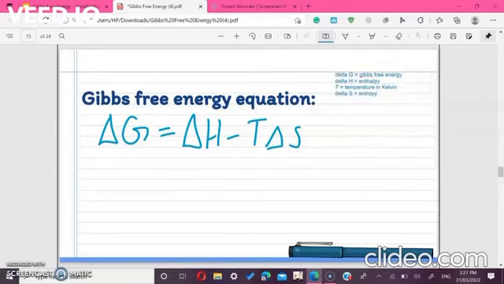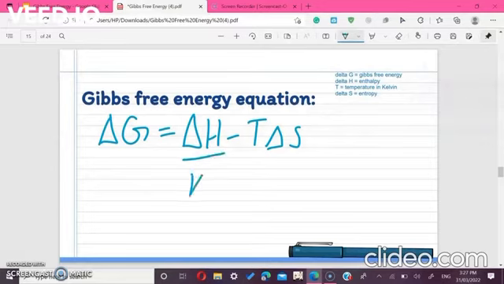The units will be different when you answer questions. For example, delta H might be given in kilojoules, whereas delta S might be given in joules per Kelvin. Here's kilojoules and here's joules, so you have to convert either joules into kilojoules or kilojoules into joules. And temperature should be in Kelvin.